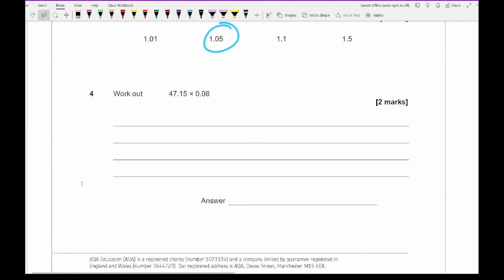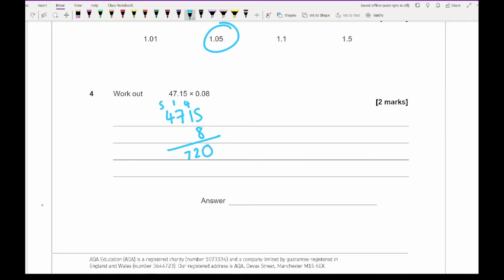Then for question 4, all we need to do here is some decimal multiplication. Again there are several ways in which you can do this, so as long as you get the correct answer and you're showing the correct working out, then that should be absolutely fine. So an example would be to do 715 times 8, in which 8 times 5 is going to give me 40. 8 plus 4 is 12. 8 times 7 is going to give me 56, plus 1 is 57.